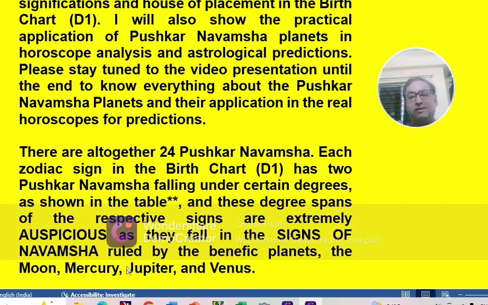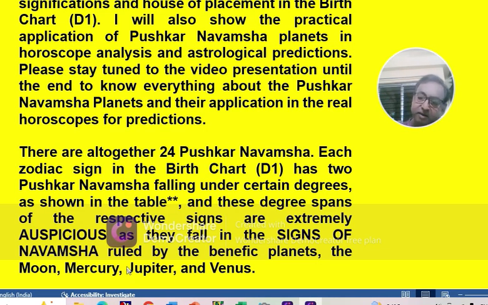Then Virgo, ruled by Mercury. Then Libra, ruled by Venus. Then Sagittarius, ruled by Jupiter. Then Pisces, ruled by Jupiter. Altogether, there are seven zodiac signs in the Navamsha.